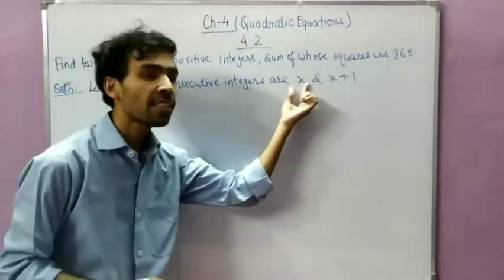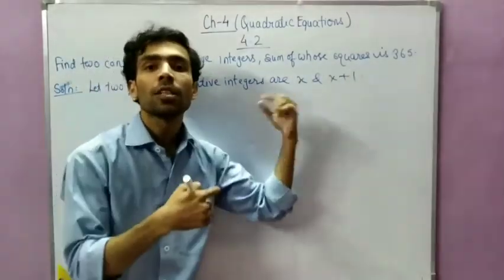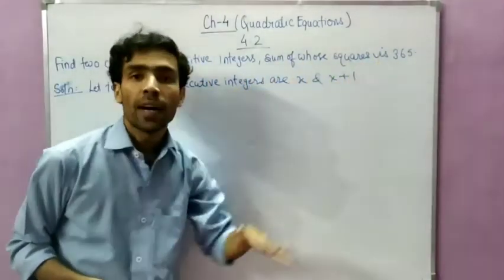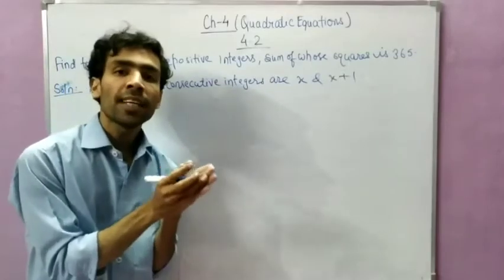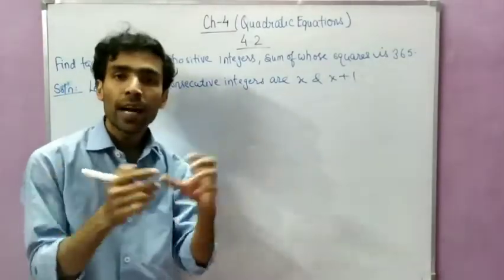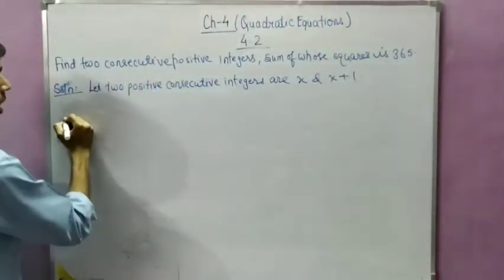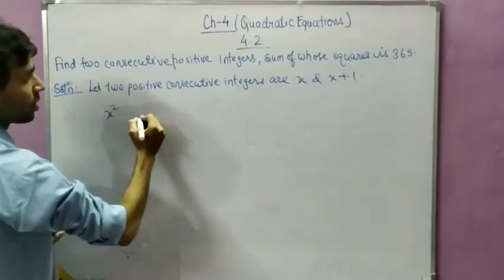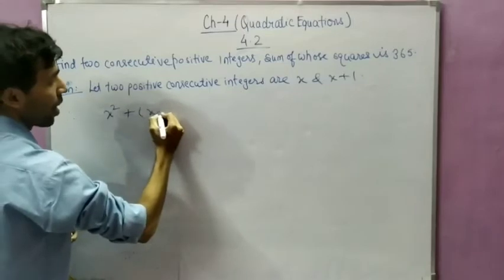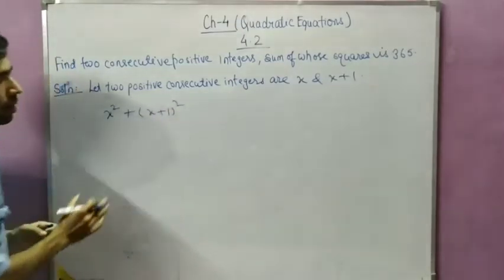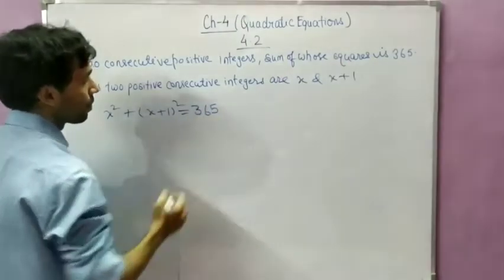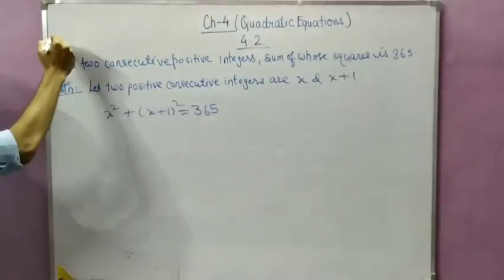So first number is x, then the second number will be x plus 1, third number will be x plus 2. So sum of whose squares means first we have to take the square of these two, then we have to add them. According to the question we have to do like this: x square plus (x plus 1) square, which is equal to how much? 365. Okay, this is our question number 4.